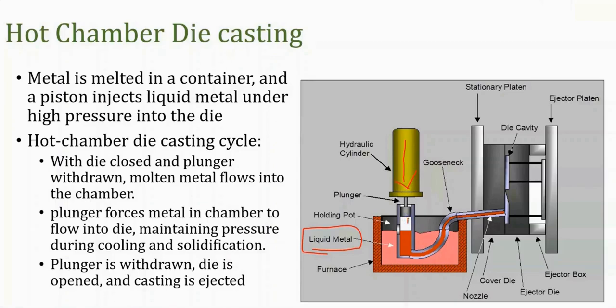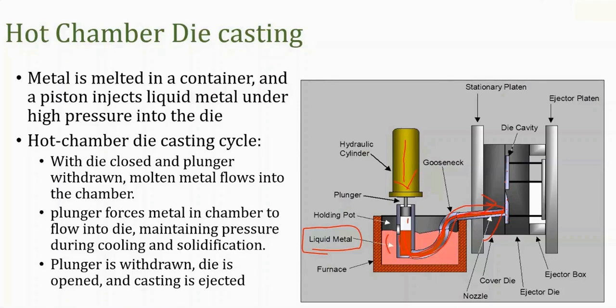During this movement, the liquid material is injected into the die, right? Throughout the process, this hydraulic cylinder supplies constant pressure and constantly supplies the molten material into the die cavity, right? So here your molten material will be filled.